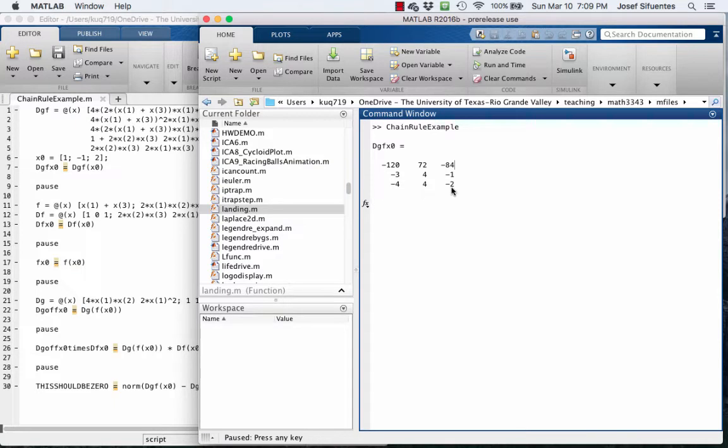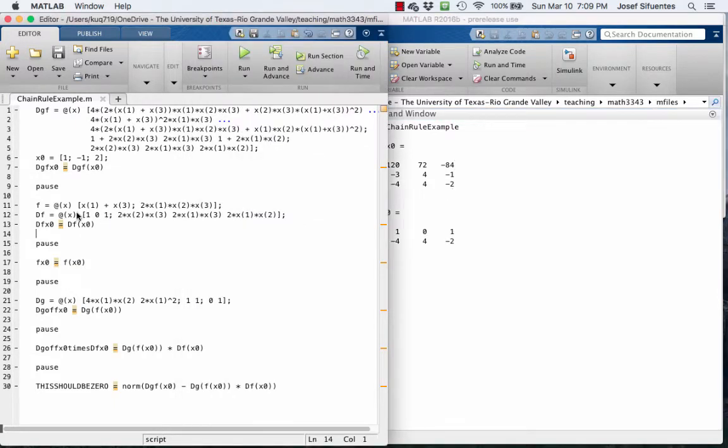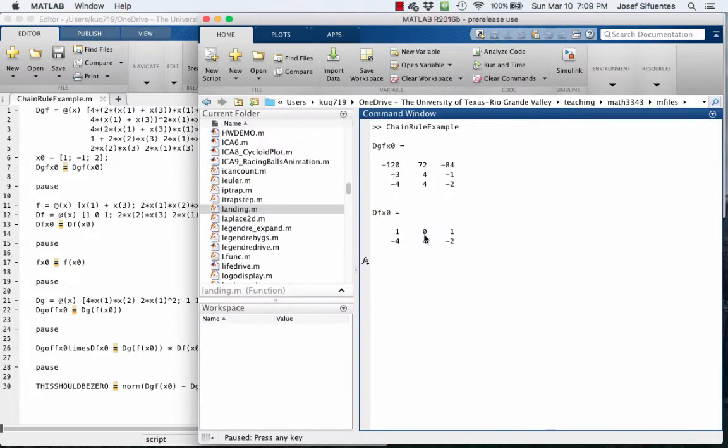Then I defined f and plugged in the derivative of f as a function of x and evaluated at x naught. That gives me this. I also computed f of x naught so that I can compute the derivative of g at f of x naught.